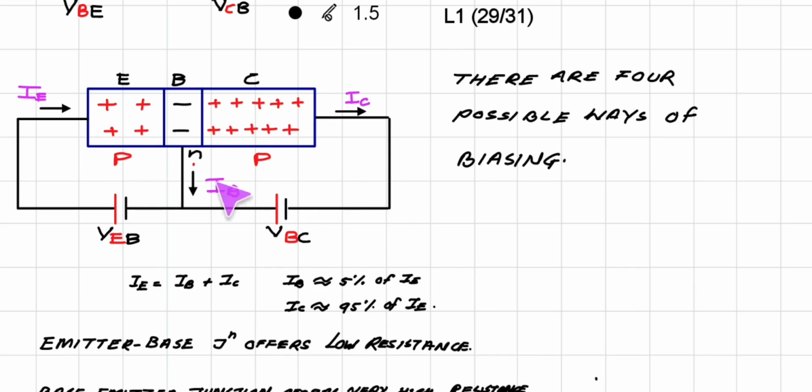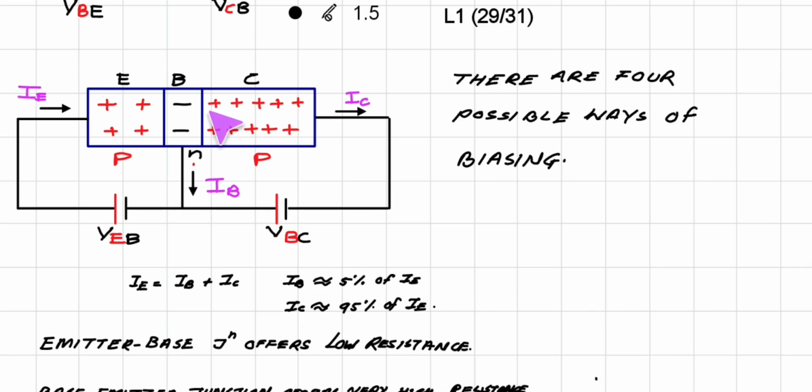Here, as the emitter base junction is forward bias, remember that when a diode is in forward bias its resistance is very low. So the emitter base junction resistance is very low. And if you observe the collector and base, you will see that it is reverse bias, and in case of reverse bias the resistance is very high.